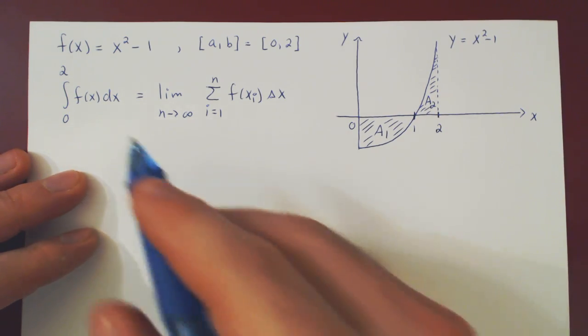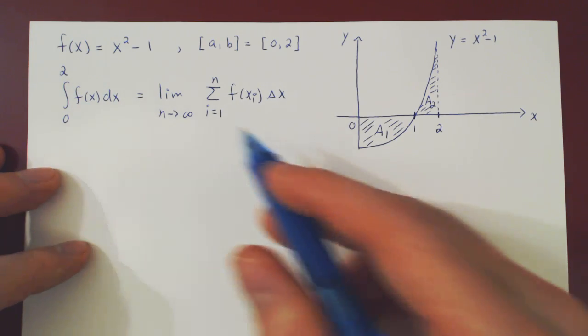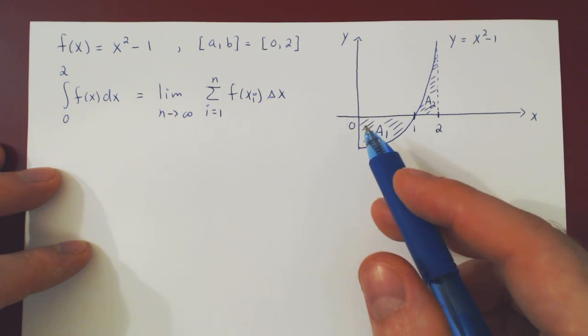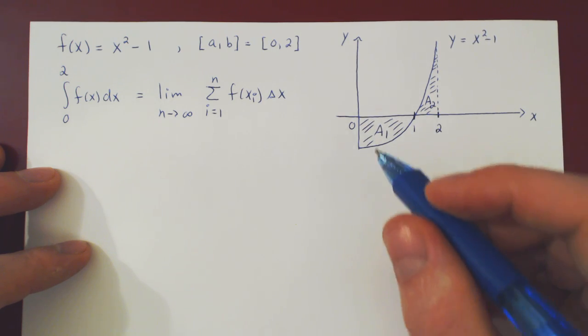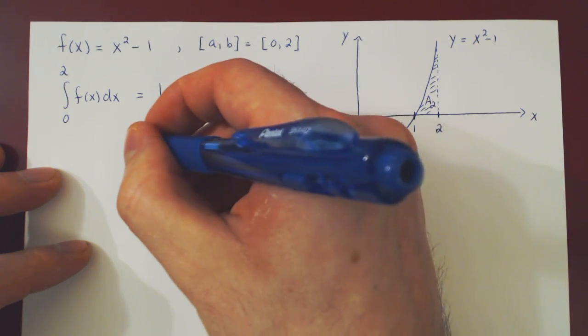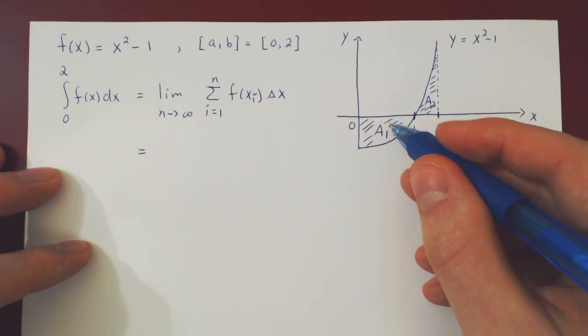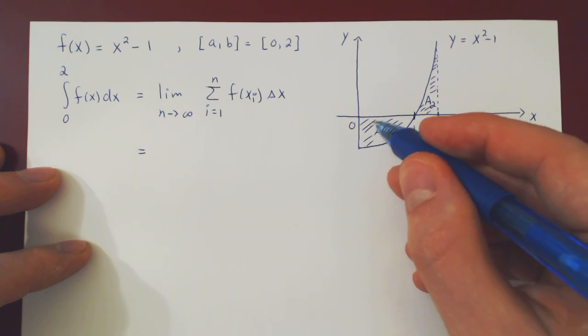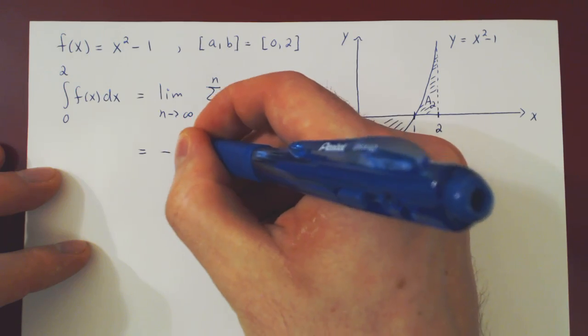And we know that the definite integral of this curve over the interval 0 to 2 will return not A1 plus A2, but as this is a net area, what we'll get is negative A1, as here from 0 to 1 f is negative, so this will return the negative of the area.